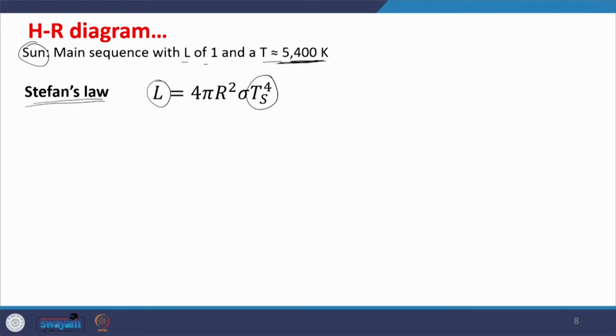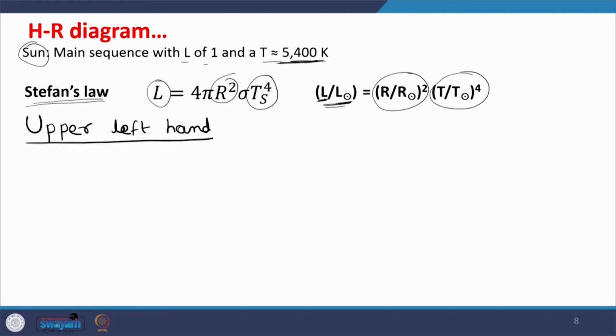Let me take the help of the Stefan-Boltzmann law. If I take the ratio of the luminosity of a star with respect to the luminosity of the sun, it goes as R squared T to the power of 4. The ratio of radii and the ratio of temperatures, straightforward. L by L naught is equal to (R by R naught) squared into (T by T sun) to the power of 4. Let me take the upper left hand region.